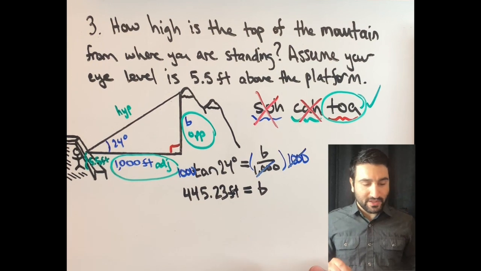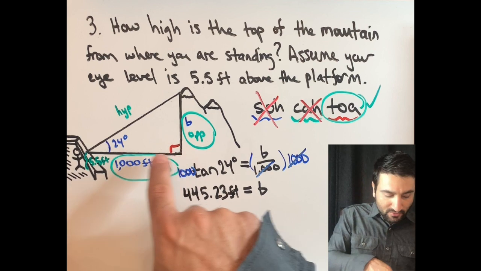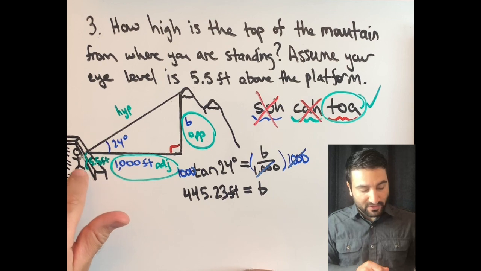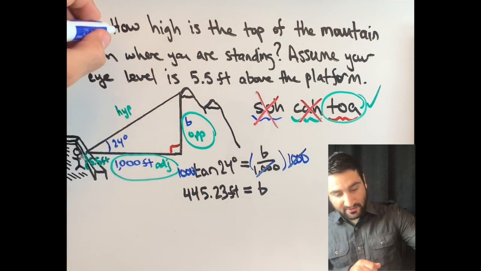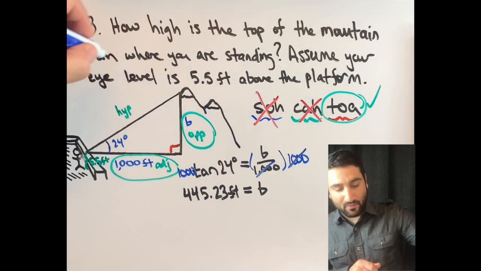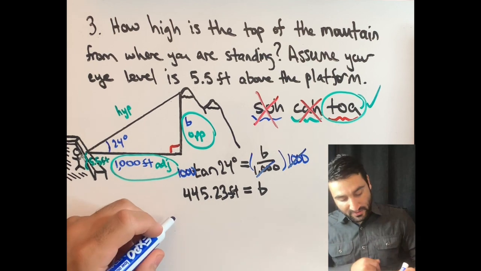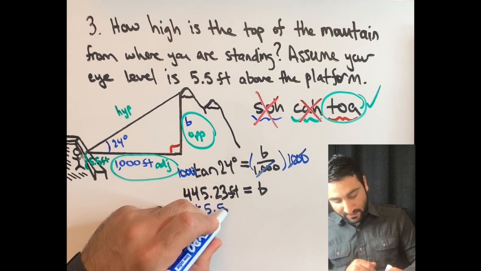We're almost there. What we solved is the height from the tip of the mountain to the eye level. Remember that from the base of the viewing point, it's also an additional 5.5 feet. So the answer to the question, how high is the top of the mountain from where you are standing, not from where your eye level is, is this plus 5.5 feet.